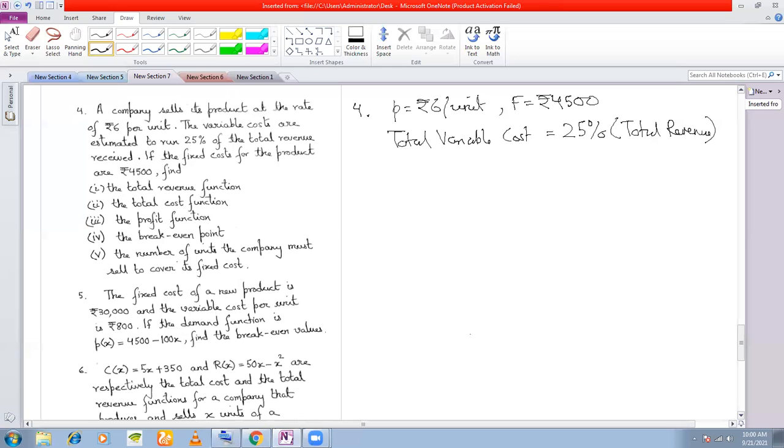So if we can find out total revenue, we can find out the total cost. In order to find out the total revenue, we must first take X as the output. Let X be the number of units produced.